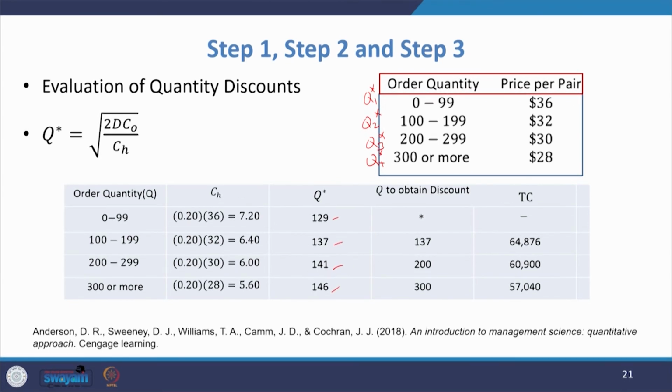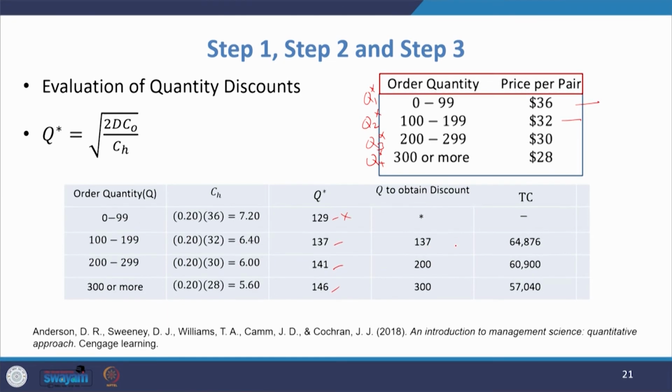Now, look at the Q1 star, it is 129, but the interval is 0 to 99. So, it is going to the next level. So, this is not valid. So, Q for this interval need not be considered, we need not find out the total cost also. The Q2 is 137, yes, it is within this interval.